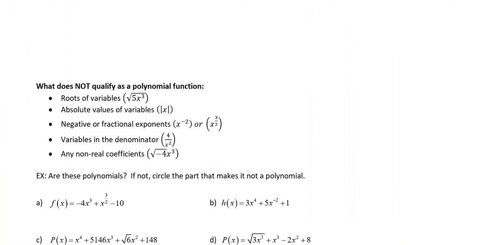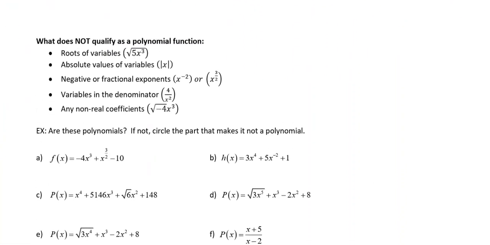So let's skip this one. It says, what does not qualify as a polynomial? These are going to be key for the type of question that asks which of the below is an example of a polynomial. So we can't have roots of variables. In this case, this is like the square root of 5 times the square root of x to the 3.